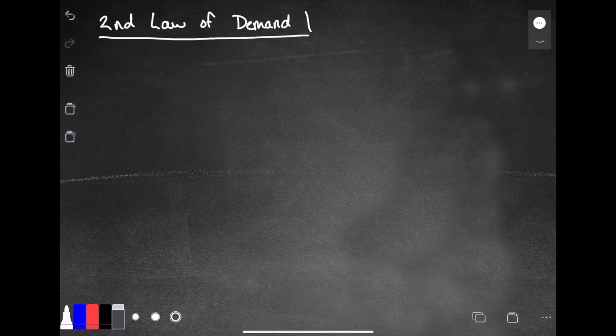Now, we have the first law of demand, so let's get into the second law of demand, which is my personal favorite of the laws of demand. The third is one of the more clever ones, but the second is my favorite.